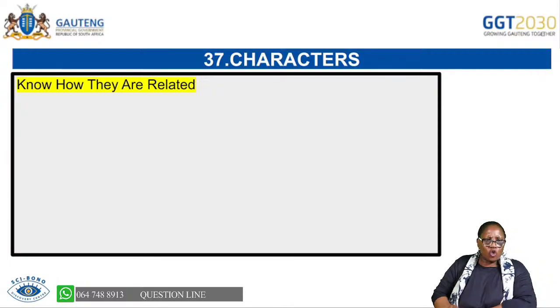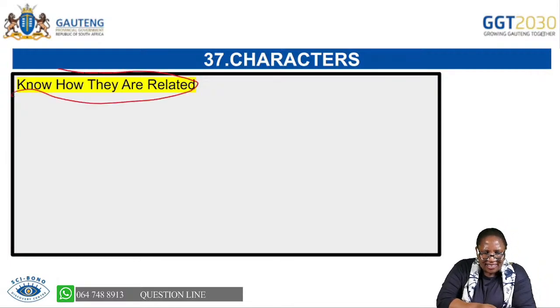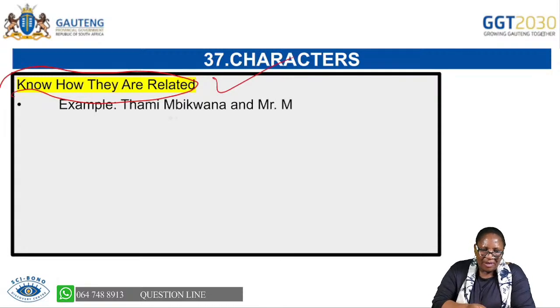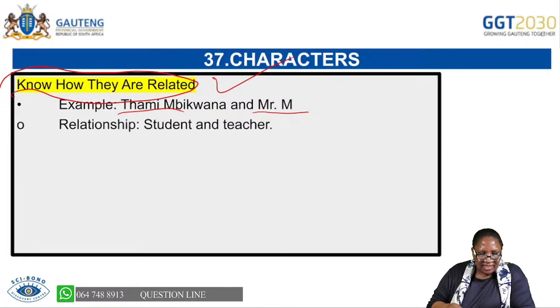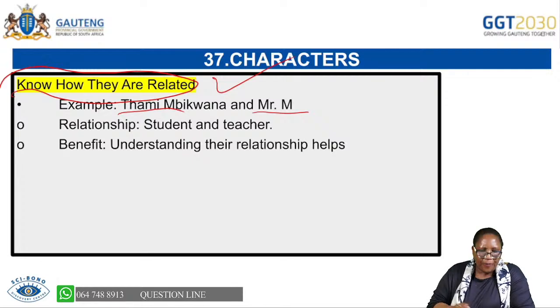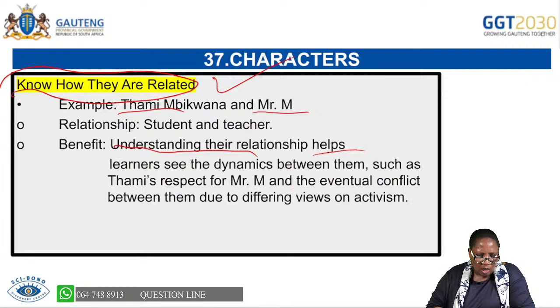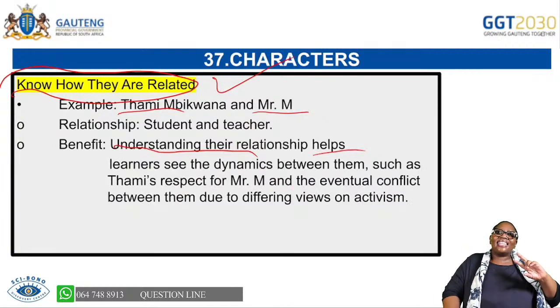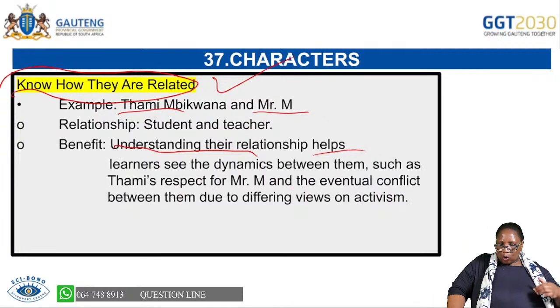You must also know how the characters are related. Tammy Mbikwana and Mr. M, how are they related? See? Student and teacher. If you understand the relationship, it will help you see the dynamics between them and the conflict between them.